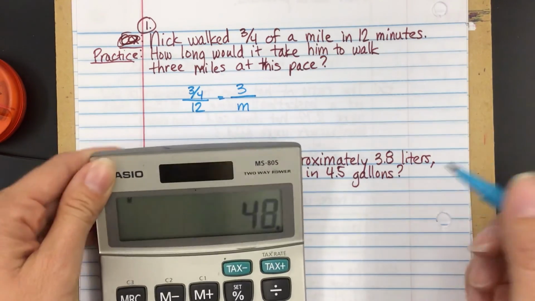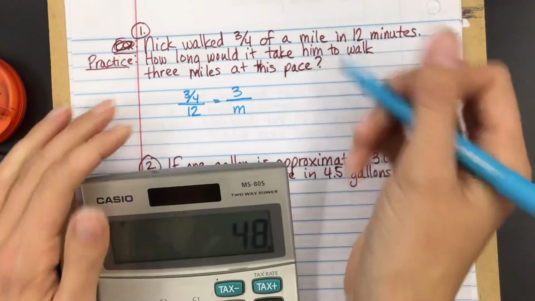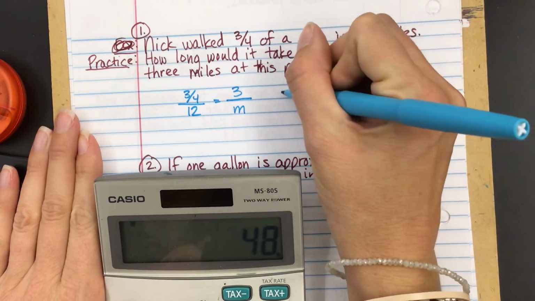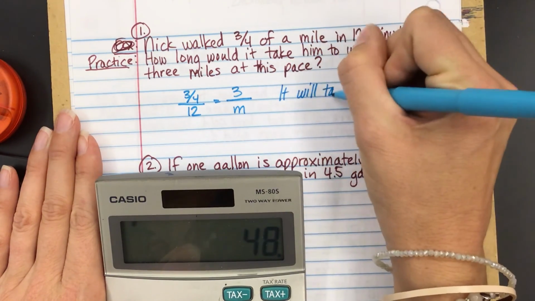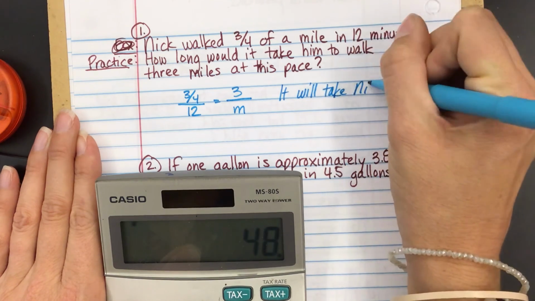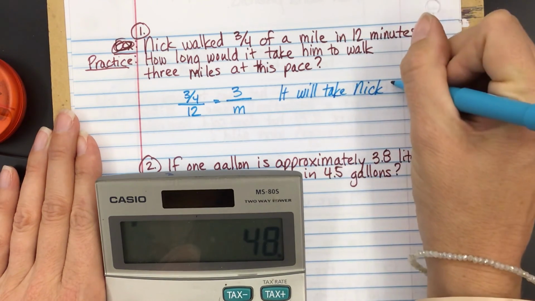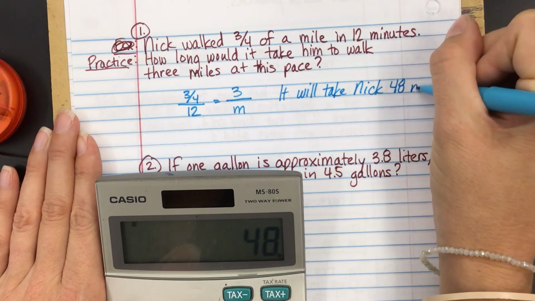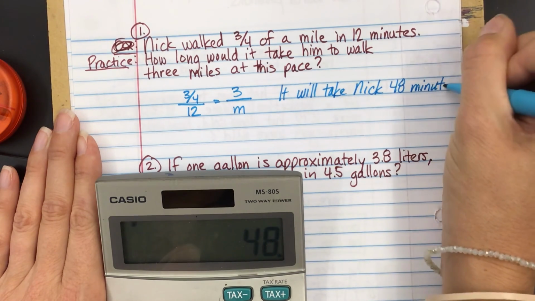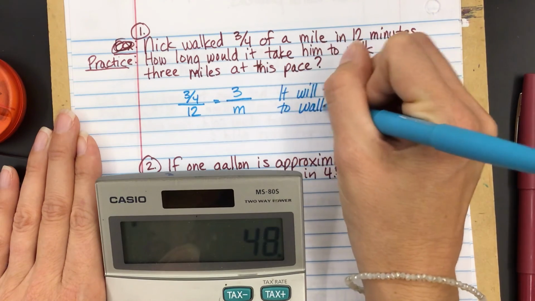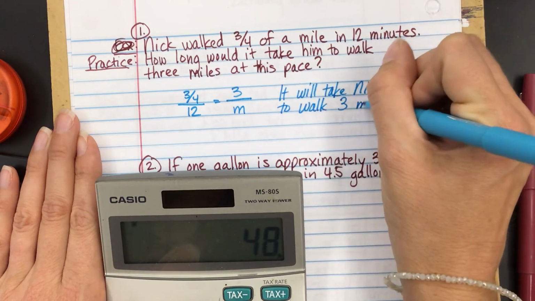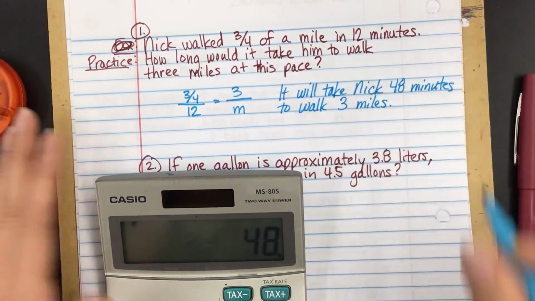Is that what you guys got? Okay. So we could say it will take Nick 48 minutes to walk 3 miles.